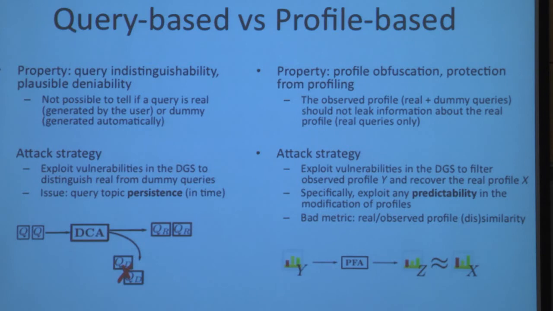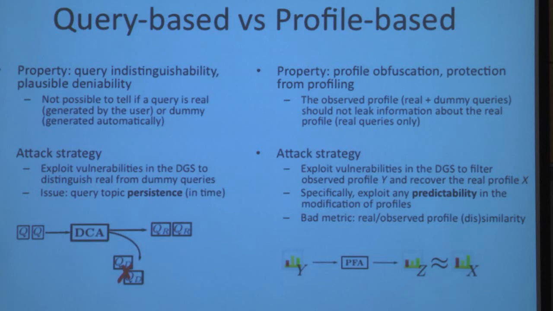They would measure privacy based on how far you are from this middle point or how far you are from your real profile. Now, the problem with this is that because you are moving in the space predictably, if I know that you're moving in the space and I know where you want to go and I know the magnitude based on the budget that you have of dummies, I can somehow reverse that and see where you're coming from.